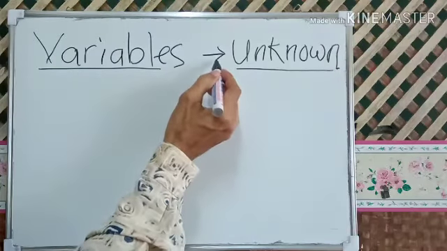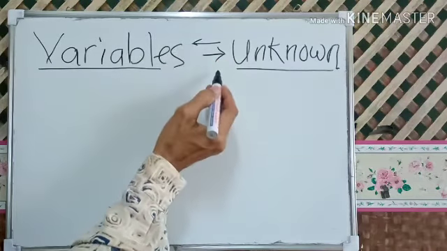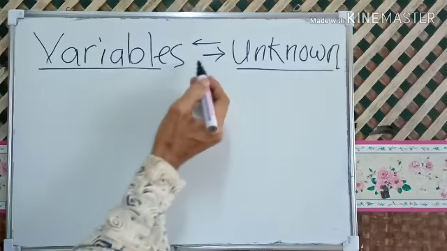So unknown can be represented by variable. Variable is unknown.